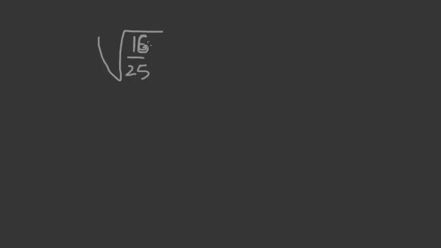Well, when we square root it, just like when we power it, we're going to square root both the numerator and the denominator. So that could be rewritten as the square root of 16 divided by the square root of 25. And what's the square root of 16? Well, that's 4. And the square root of 25 is 5. So that's how you do that.